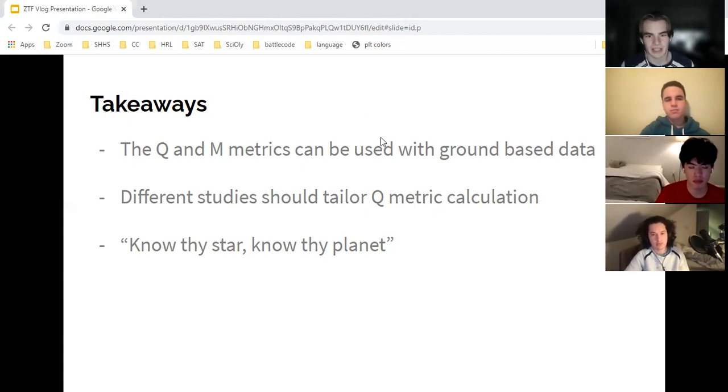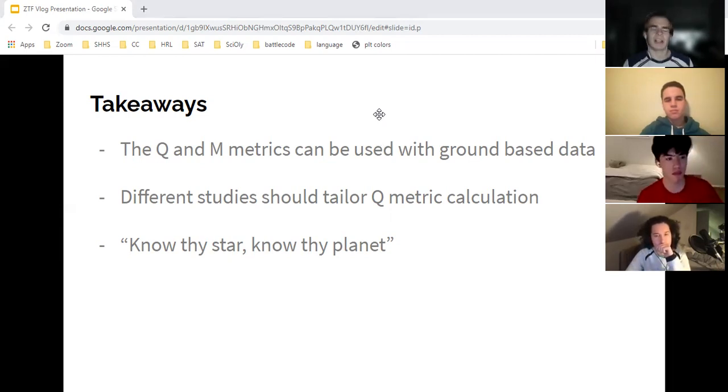Our central thesis is that different studies should tailor the Q metric calculation because, I think we phrased it something like, in the paper, different studies, through tailoring of the Q metric to fit their particular data, may result in the same variability classes existing in different Q ranges.